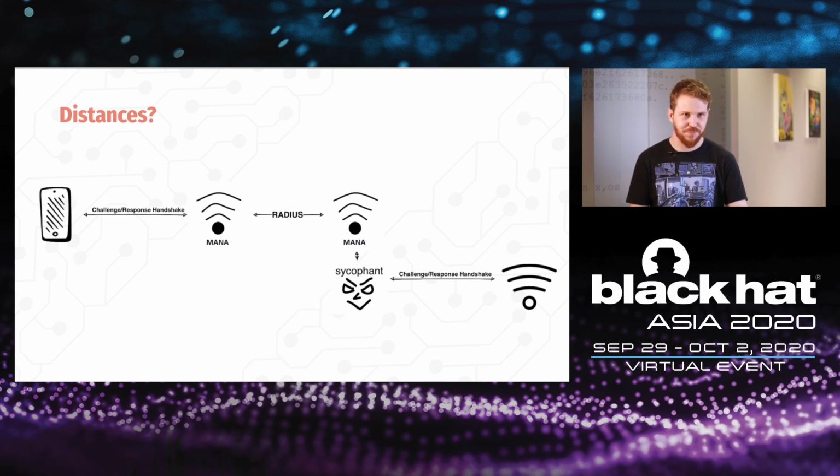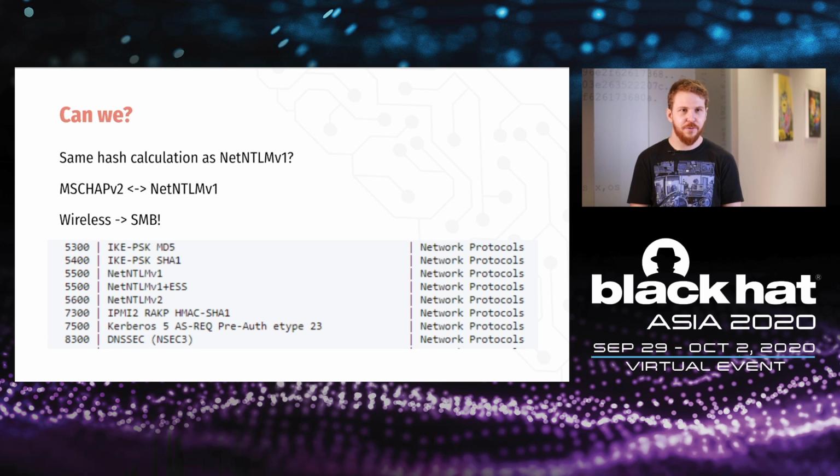So it is possible. The next idea I had was, given that NetNTLMv1 and MSCHAPv2 crack the same with Hashcat, so they both use hash type 5500, can't we relay from the wireless world to the wired world? So once again, using the idea of throwing a Raspberry Pi in a sysadmin's garden, you trick their device into authenticating to your access point, you relay that authentication, and you pass it off to an SMB server, which will let you ride their authentication.